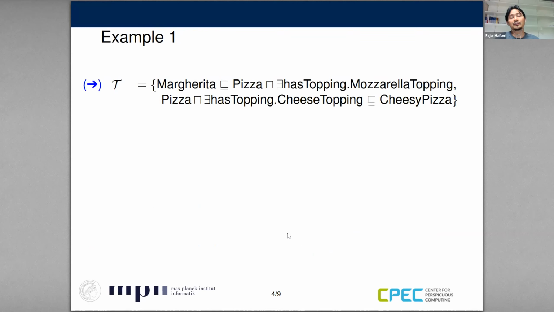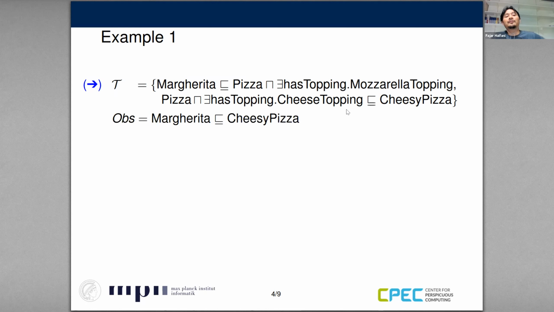And now we get into an example to illustrate why this notion of connectedness between the background knowledge and the observation could be meaningful when you do an abduction. Suppose we have the following T-box consisting of two axioms. The first one says margarita is a pizza with mozzarella topping, and the second one says pizza with cheese topping is a cheesy pizza, which is the one you saw before in the previous slides.